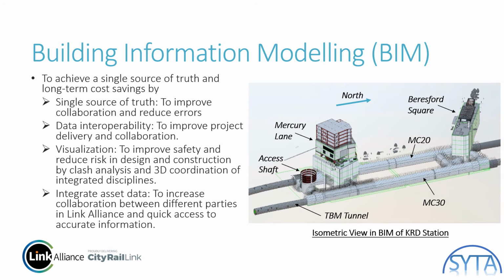Because we want to achieve a single source of truth and long-term cost savings, to improve collaboration and reduce errors, to improve project delivery and collaboration, to improve safety and reduce risk in design and construction by clash analysis and 3D coordination of integrated disciplines. Also, to increase collaboration between different parties in Link Alliance and quick access to accurate information.